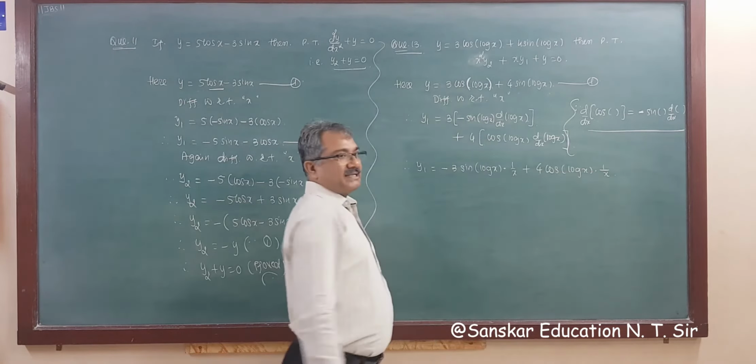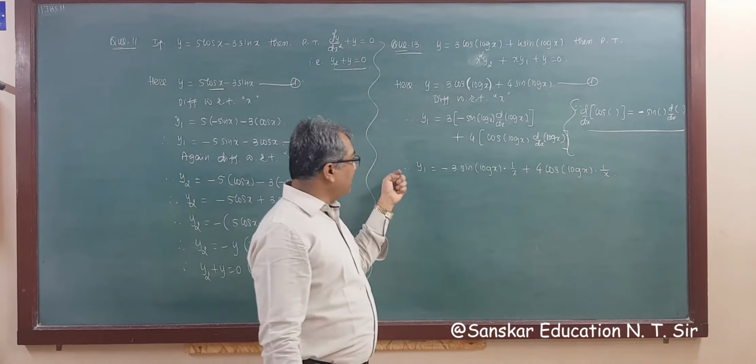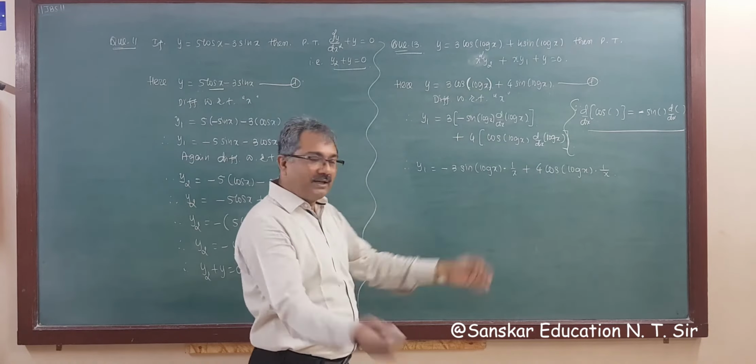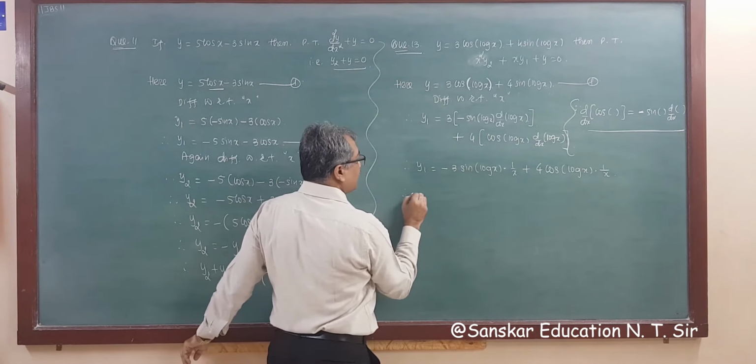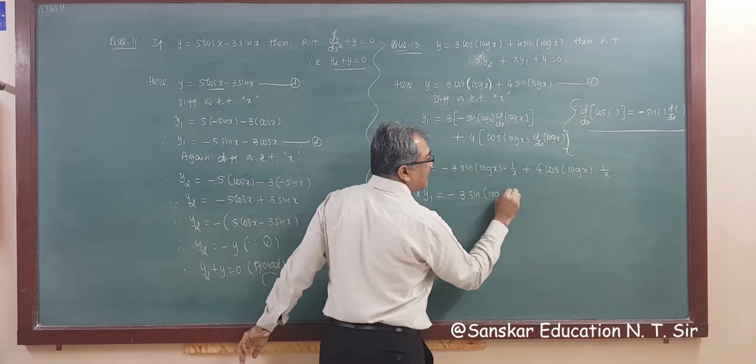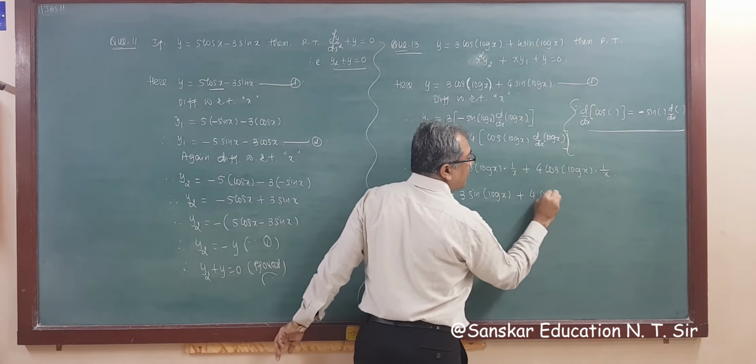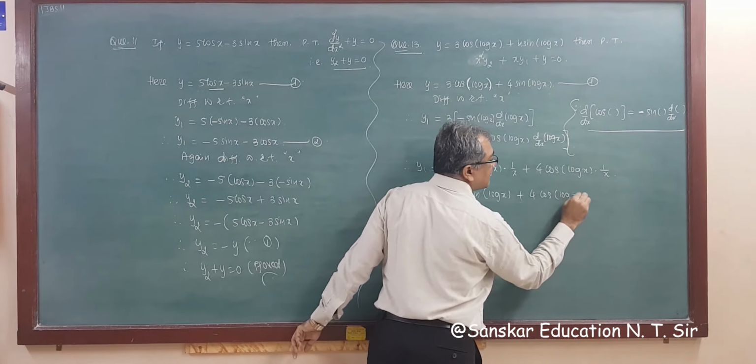So after finishing the first differentiation, there is a term in the denominator. If terms are in the denominator, then cross multiplying or taking LCM, both are the same thing. So taking x to the left, cross multiplying, x y1 is equal to minus 3 times sin log x plus 4 cos log x.